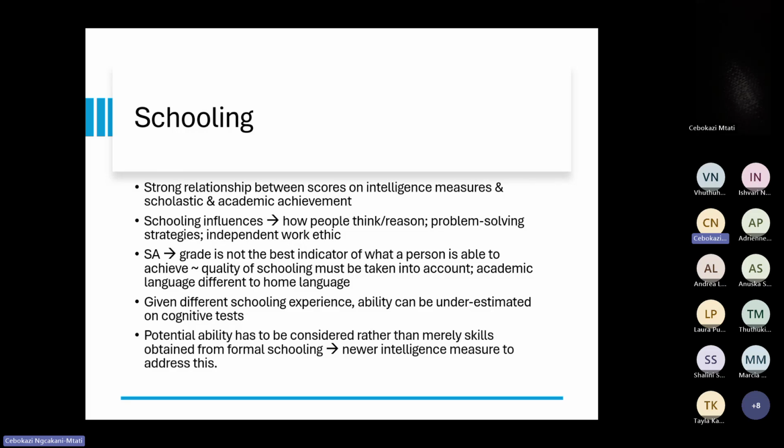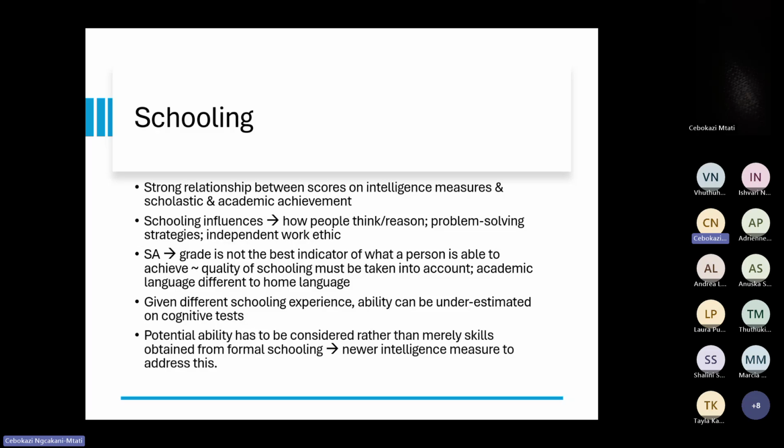Okay. So schooling influences how we think and how we reason, how we problem solve, and our work ethic, and whether we can work independently or we'd rather work in groups, etc. And so all of you in the class, think about how your schooling years influenced the way you think and the way you problem solve.